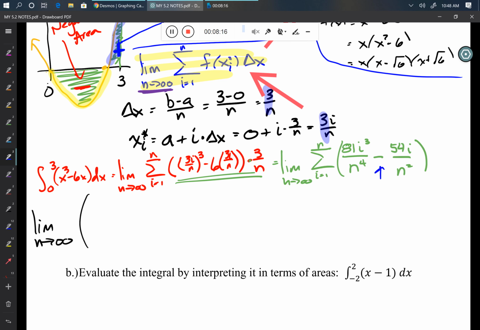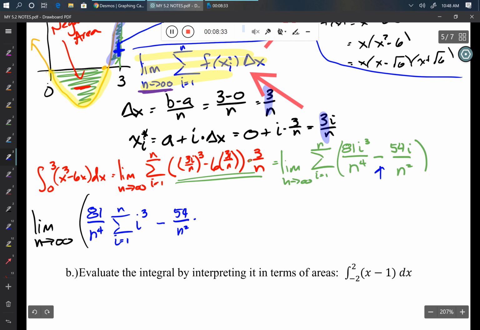This is going to turn into two summations. The first summation is going to be 81 over n to the fourth times the summation as i goes from 1 to n of i cubed, minus 54 over n squared times the summation as i goes from 1 to n of plain old i.